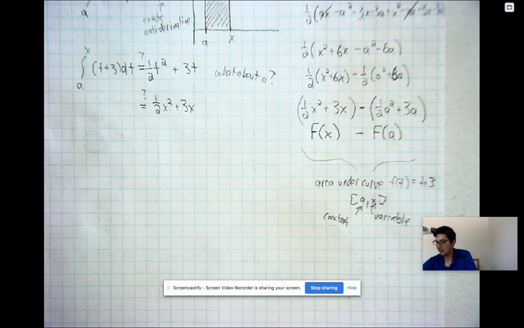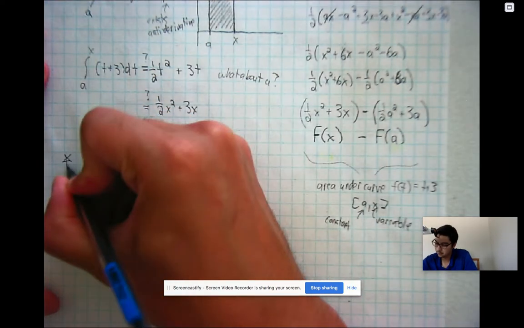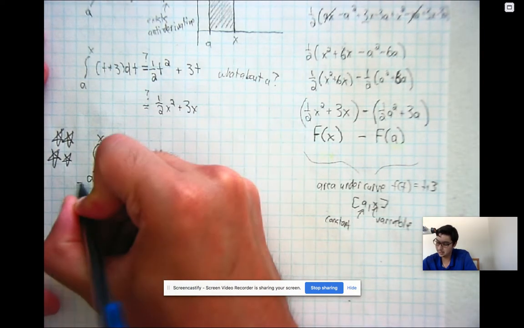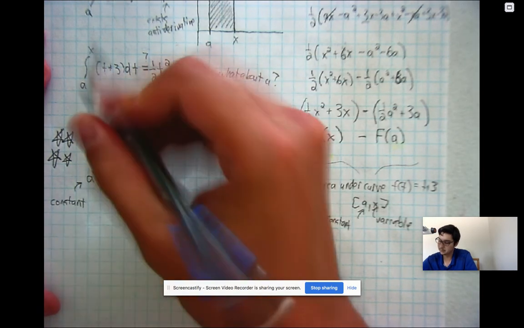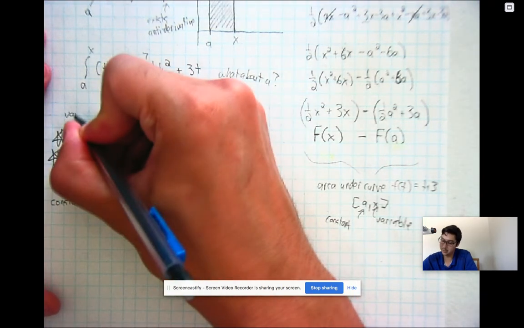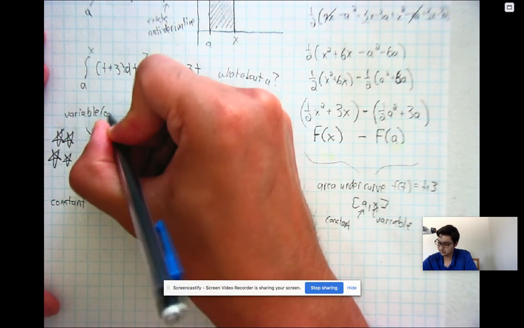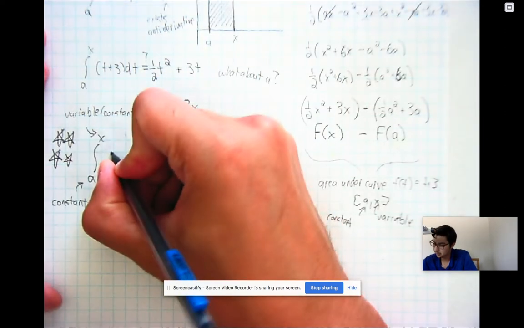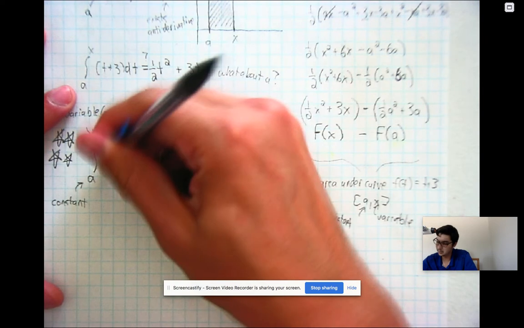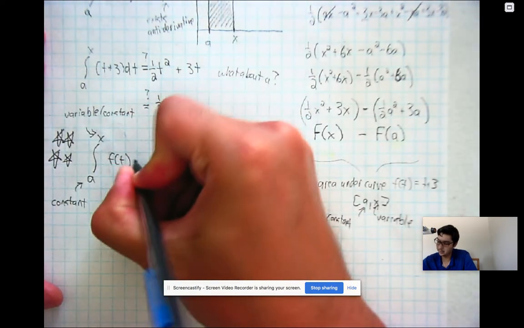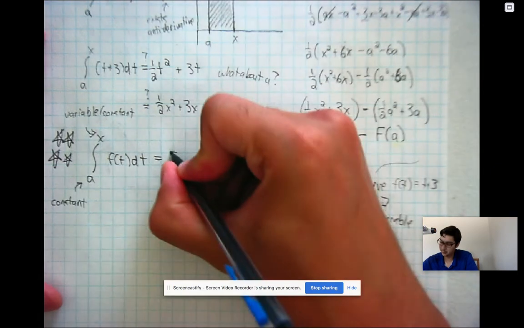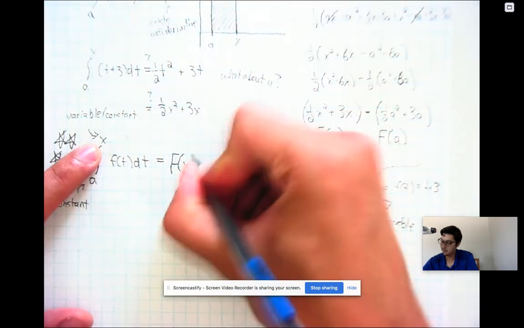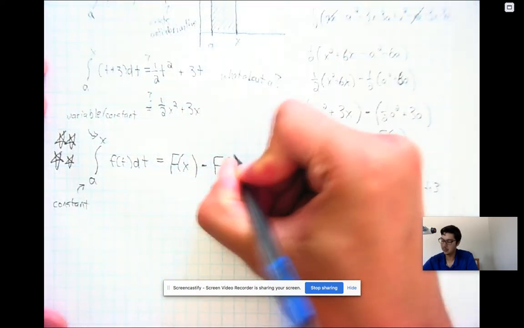So that's fascinating because what we just discovered is that the integral from a to x, where a is a constant and x is a variable, but it could also be a constant, technically, of the function, and I'm going to go back and write f of t dt, is equal to the antiderivative of that function evaluated at its upper bound, x, minus the antiderivative at its lower bound.